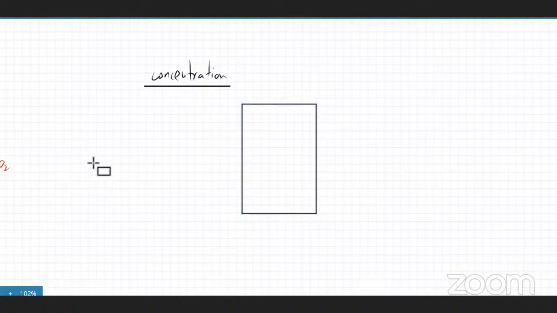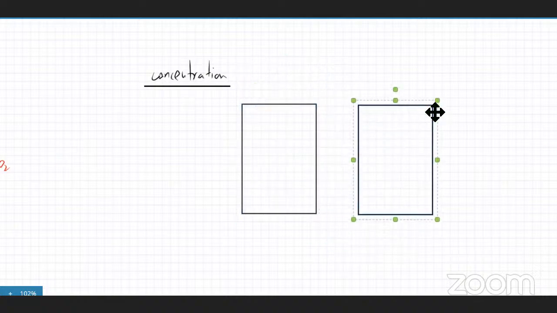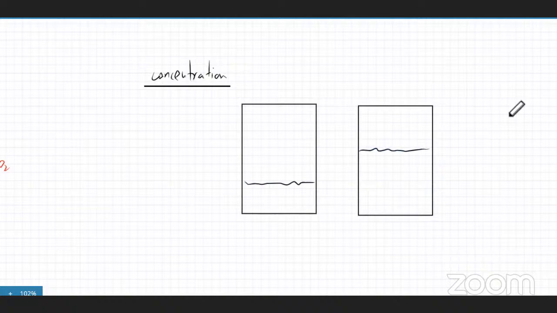Remember, when it comes to concentration, the volume is not a factor, whether the volume is large or small. So I've got these two beakers. This one has a smaller volume, this one has a larger volume, right?